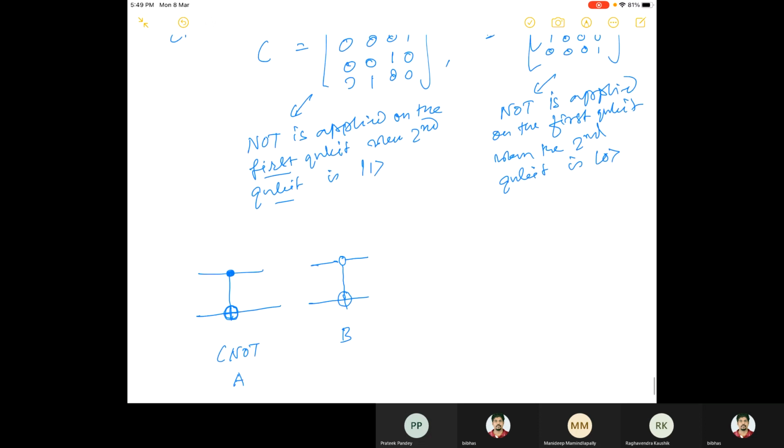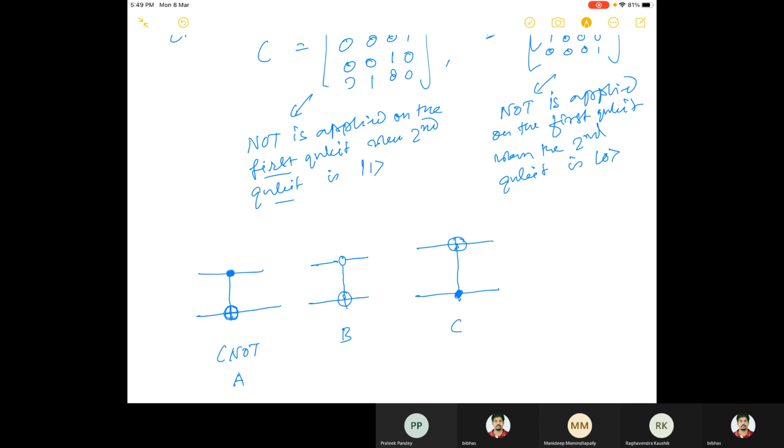Then for the generalized control NOT gate C, the NOT gate is applied on the first qubit when the second one is 1. So if this is one, then the NOT gate is applied here, so plus will be here.